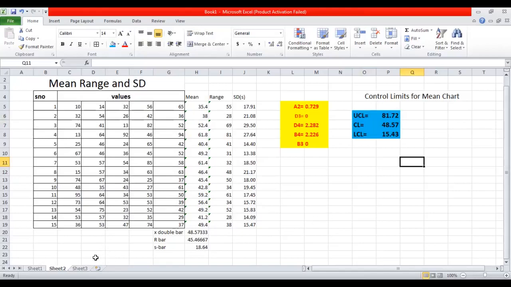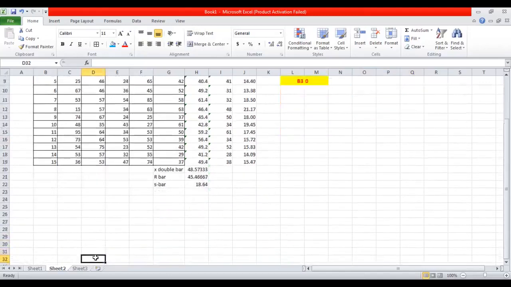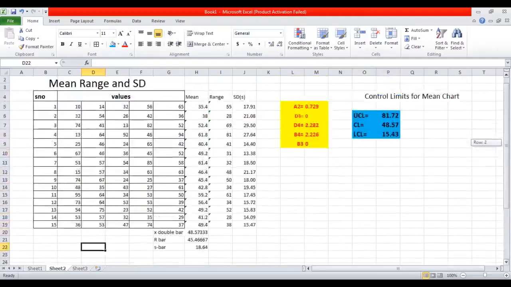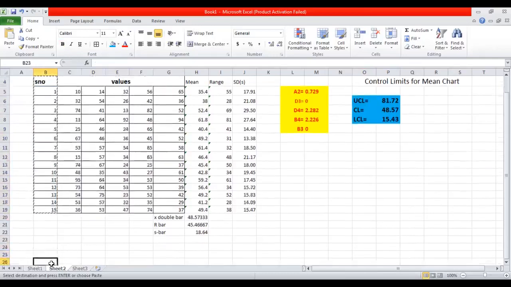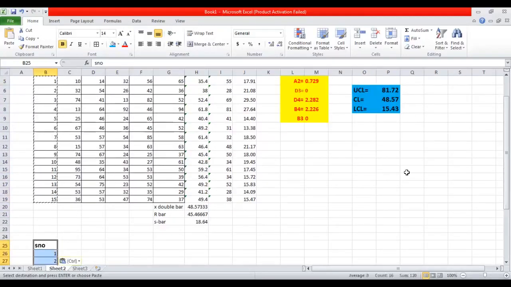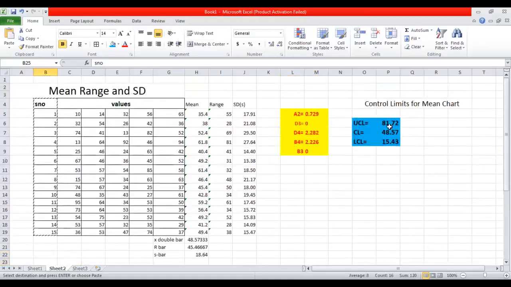Before this, the first step, after finding all the values, to draw the chart, is to write all the values separately first. How? First, you select the serial numbers and paste them here. After that, you are constructing the mean chart.